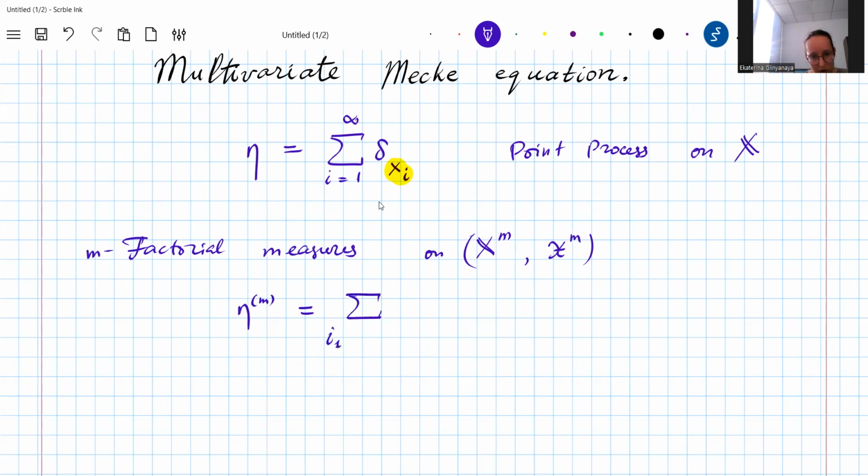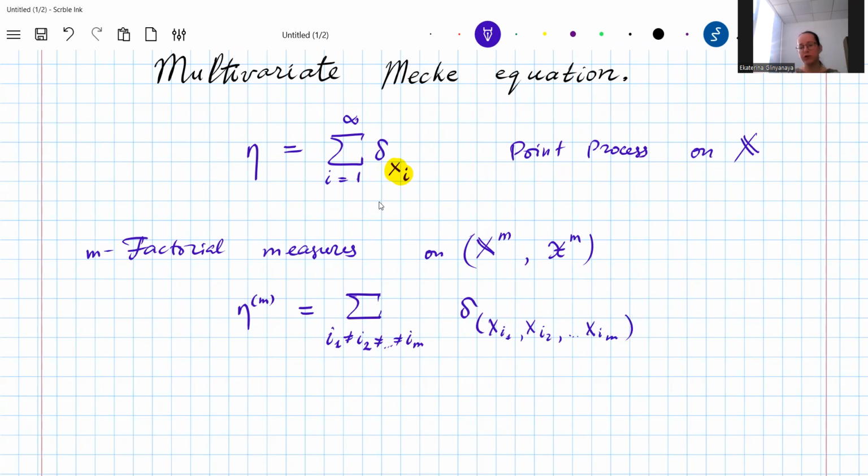non-equal indices. So we consider only non-equal indices, and here delta measures at this random vector, xi_1, xi_2, and so on, xi_m.